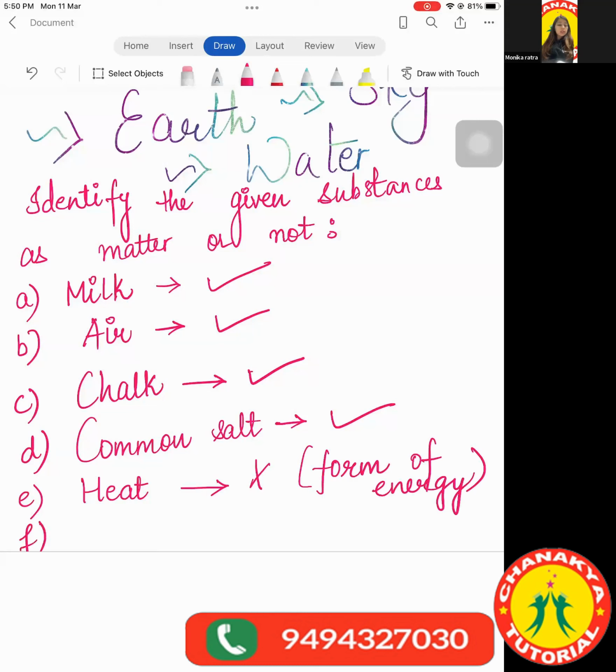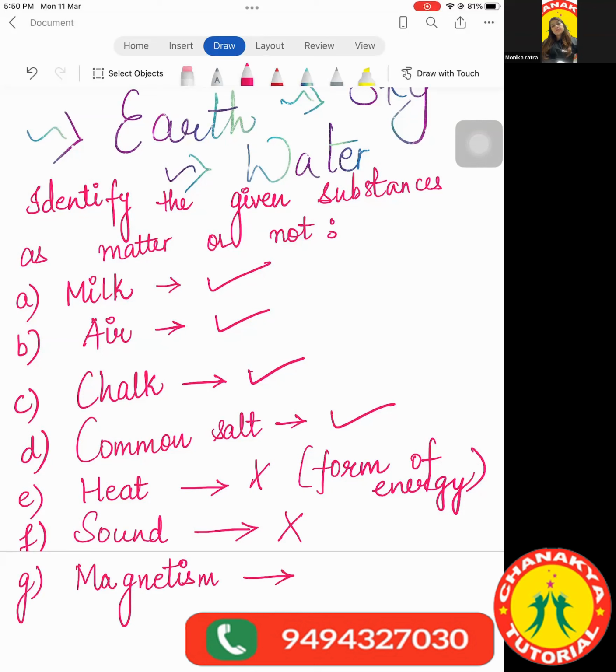Chalo, next part. Tell me about sound. Vanisha, what do you think? Ma'am, it is not matter, the reason being the same. Sound is a form of energy. Akshara, next we'll come to you. I don't know if you are able to understand this term or not. Do you know this term, magnetism? Ma'am, I'm not sure about it.